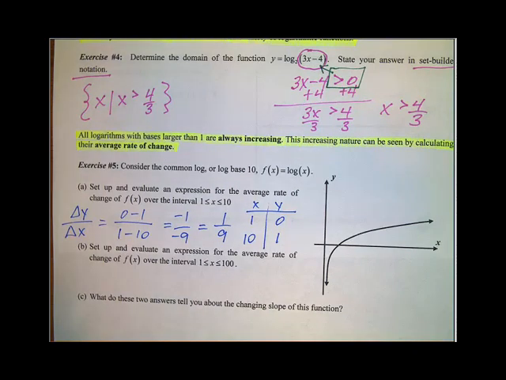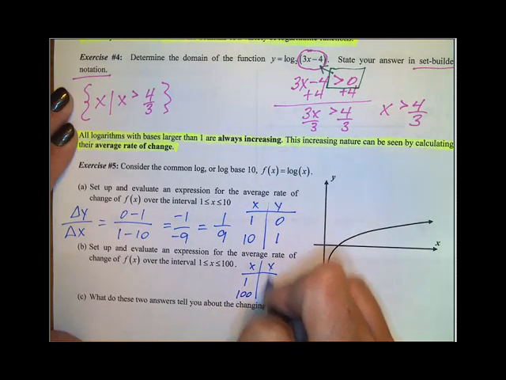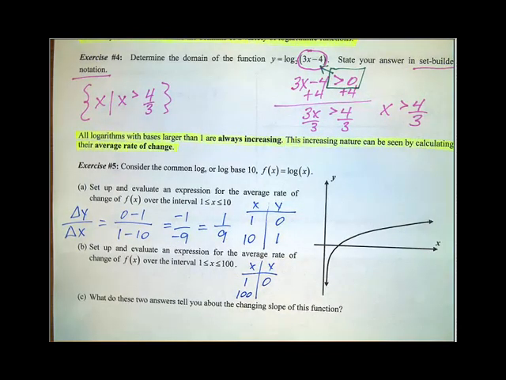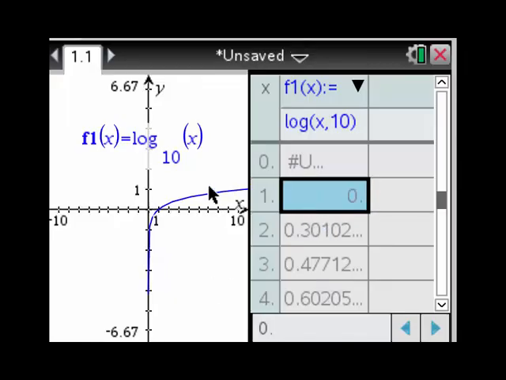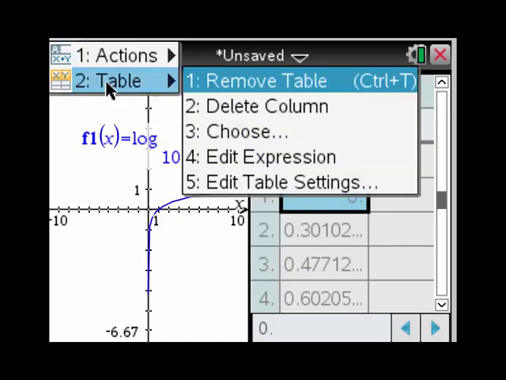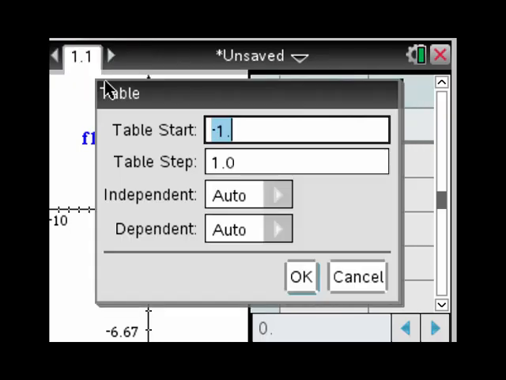Now they ask us to find the average rate of change from 1 to 100. So we already know 1 is 0. So if you go back to your table, holy cow, 100 is going to take us a while. So let's do menu, table, number 5, edit table settings. We're going to start at 0 and let's count by tens.